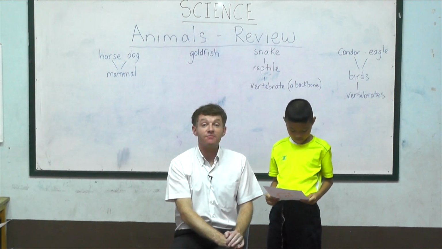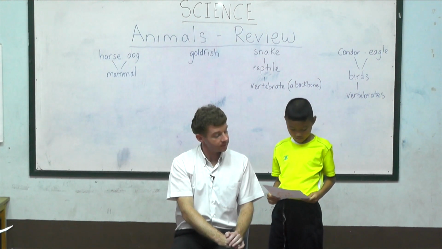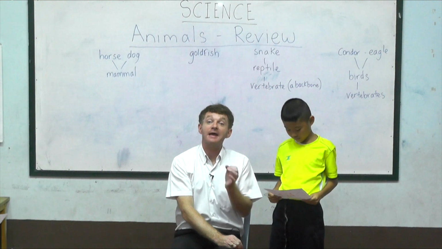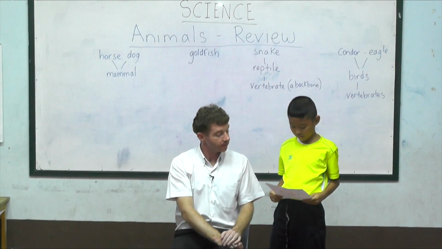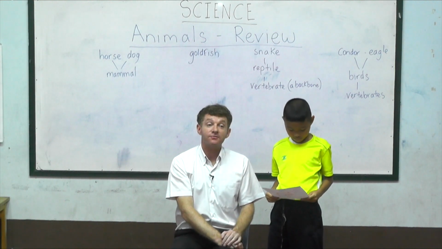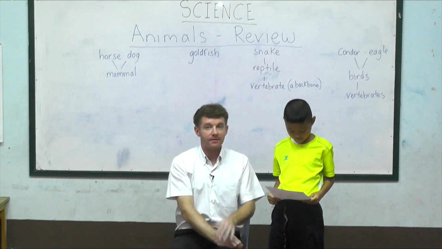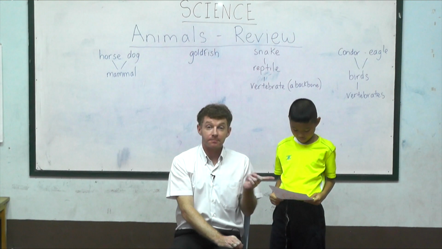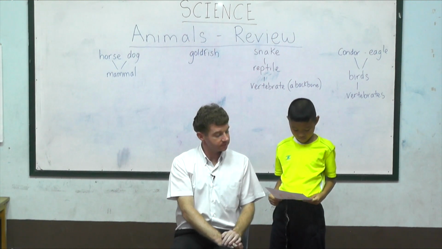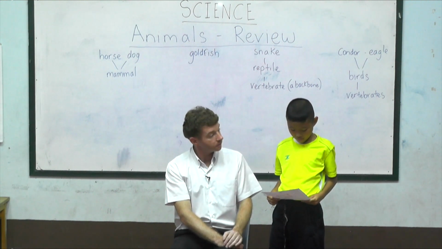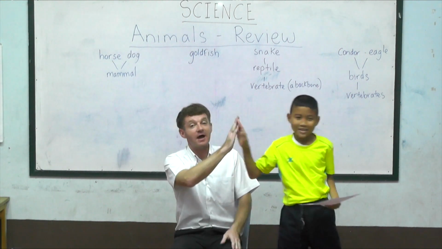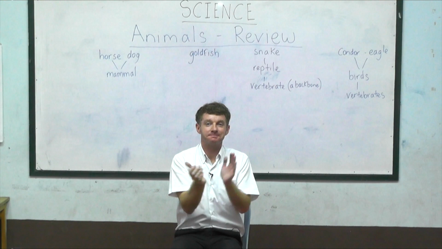It is a vertebrate because it has a backbone. It has no legs and one body. And my snake is the colour orange. Pangpon, that was excellent. High five, round of applause for Pangpon.